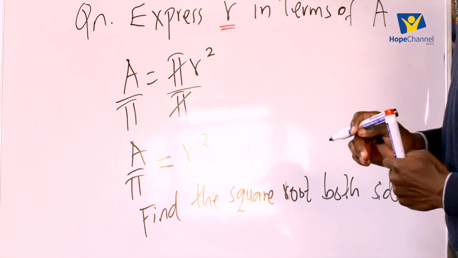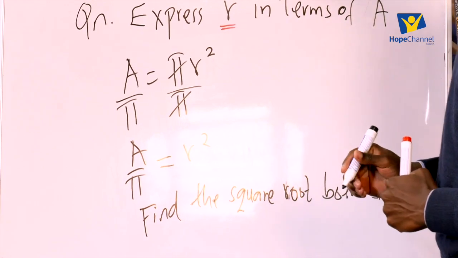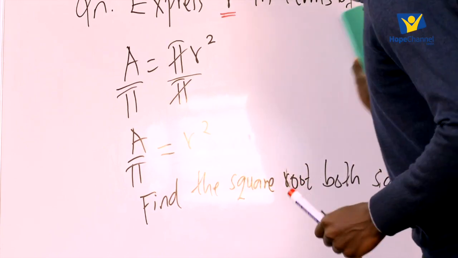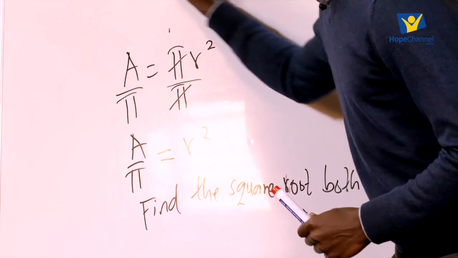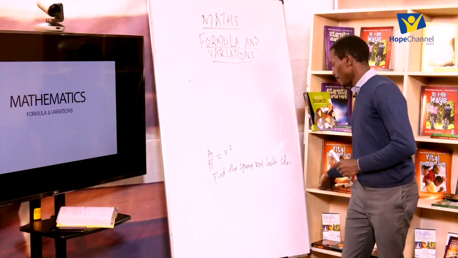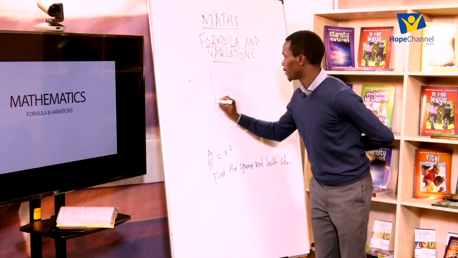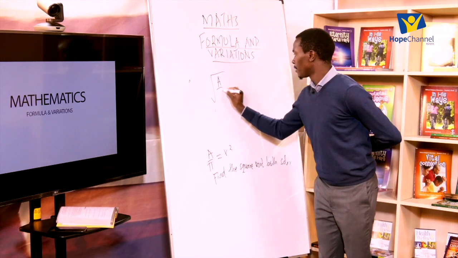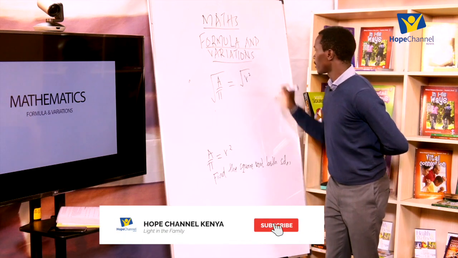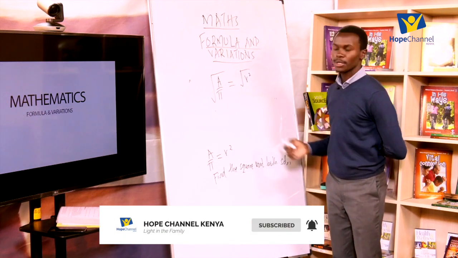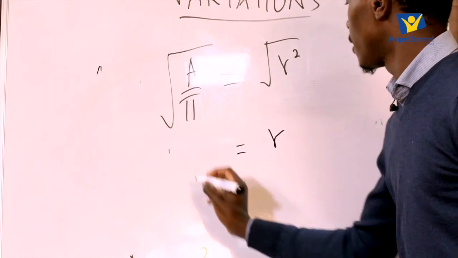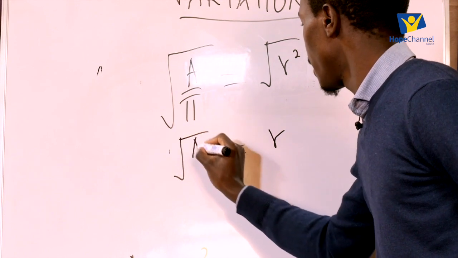So by finding the square root both sides, we'll have the square root of a over pi, that will be equal to the square root of r squared. So by finding the square root of r squared, square root of r squared is r. That one is equal to the square root of a over pi.